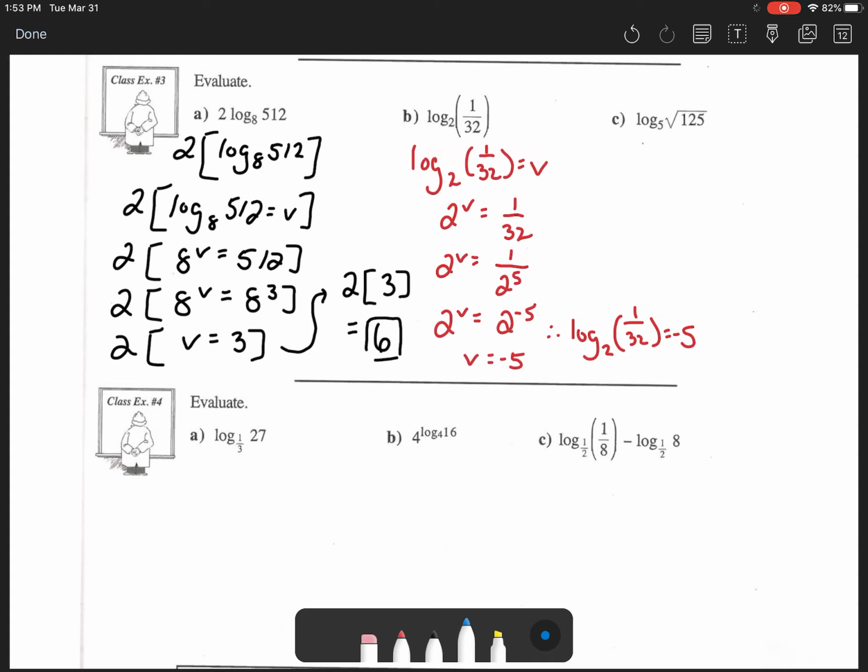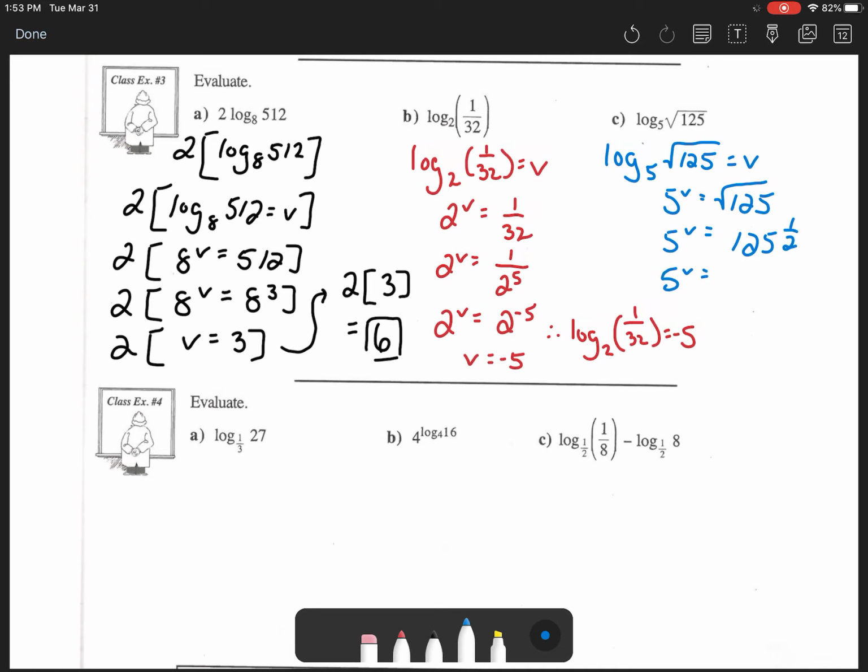All right, last one in this little group here. So same way that we start, log base 5 of square root 125 will equal, okay, an unknown variable, which again we'll use v. So 5 to the exponent of v will equal the root of 125. So the square root, again, of 125, okay, is like saying or raising something to the exponent of 1/2.